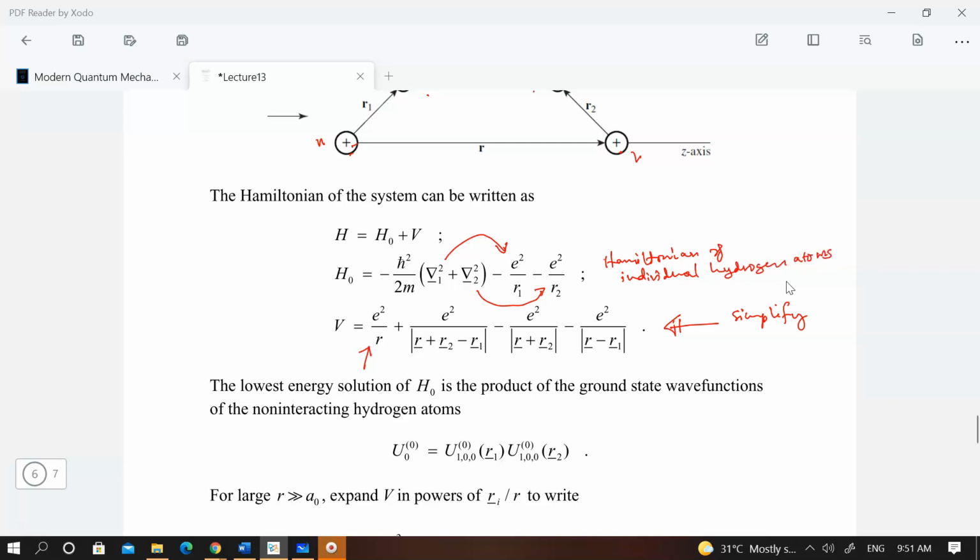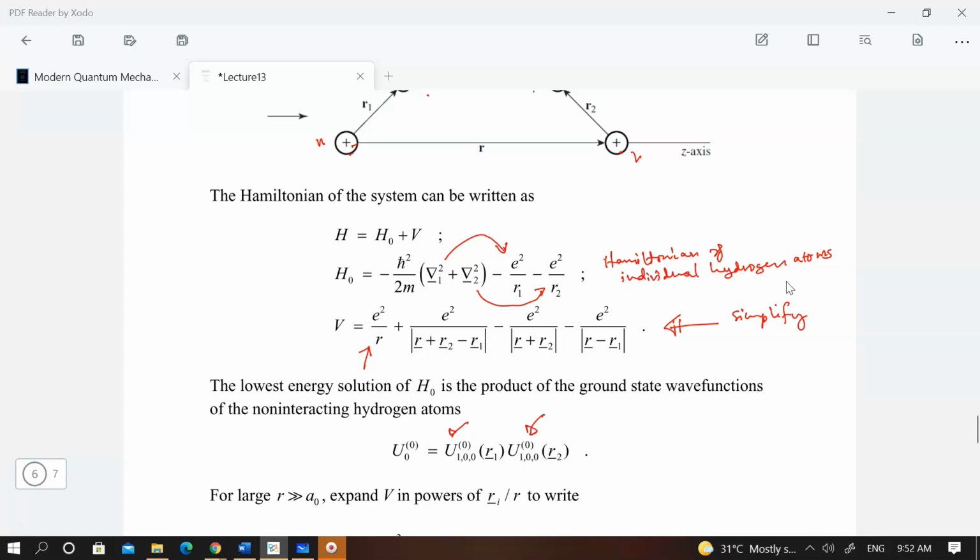So if I were to find the unperturbed states, I will just use the unperturbed states of the individual hydrogen atom. So here I can think of your ground state, for example, for one hydrogen atom here for the first one, and then another hydrogen atom, the ground state also over here.